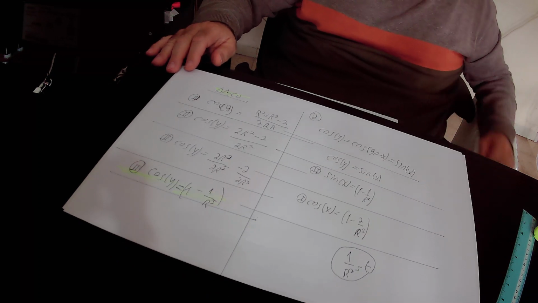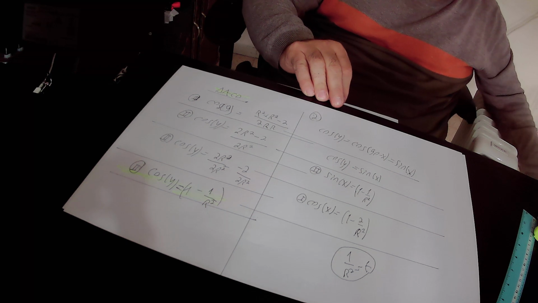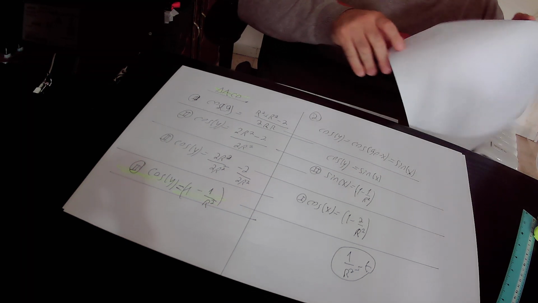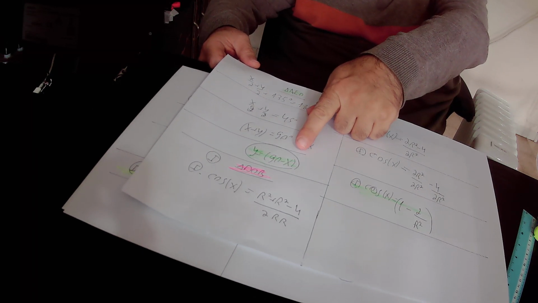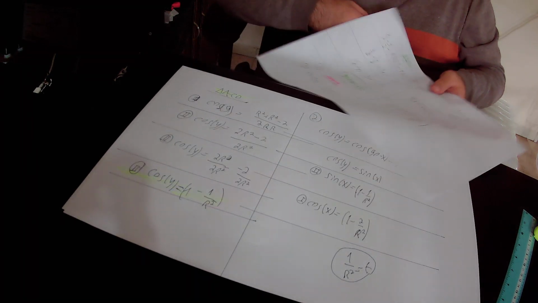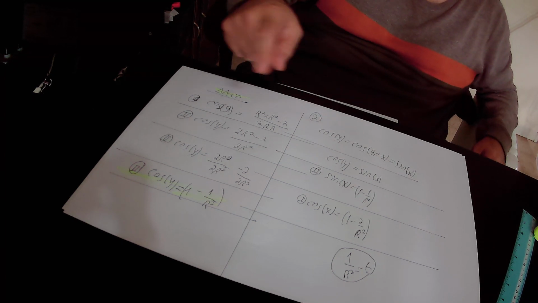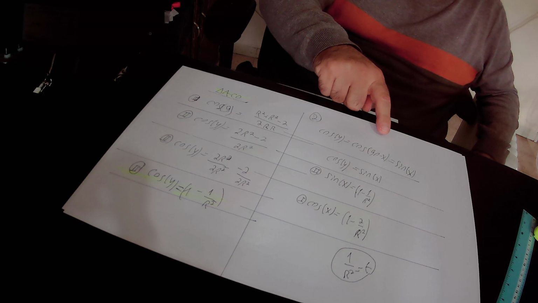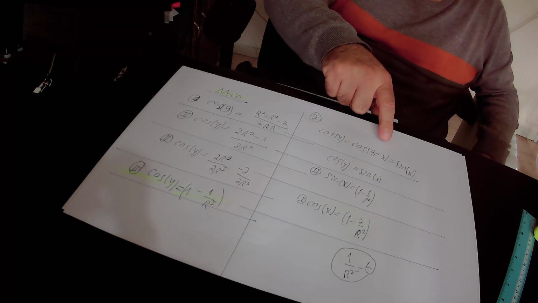Actually, we have the trigonometric identity, and we already found out that y equals 90 degrees minus x, so we substitute y in equation number 2 by 90 degrees minus x.